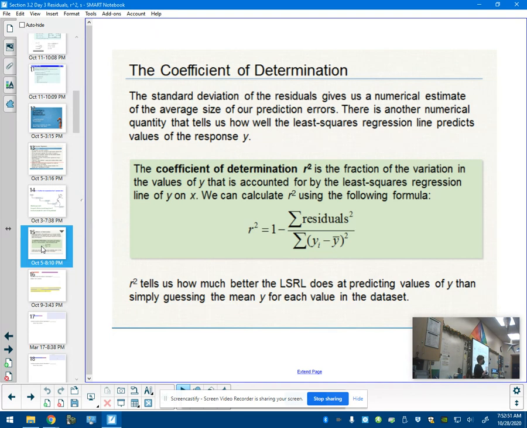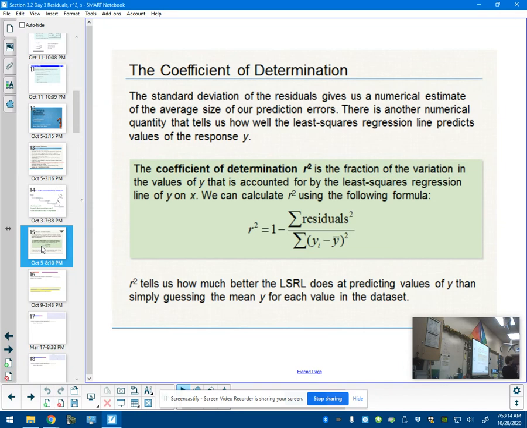It's like a discount at the store. The original price of a coat might be $100, but if it's 20% off, how much are you going to pay for it? $80, right? So 20% of the price can be explained by the sale, and the other 80%, you're going to be doing based on the original.